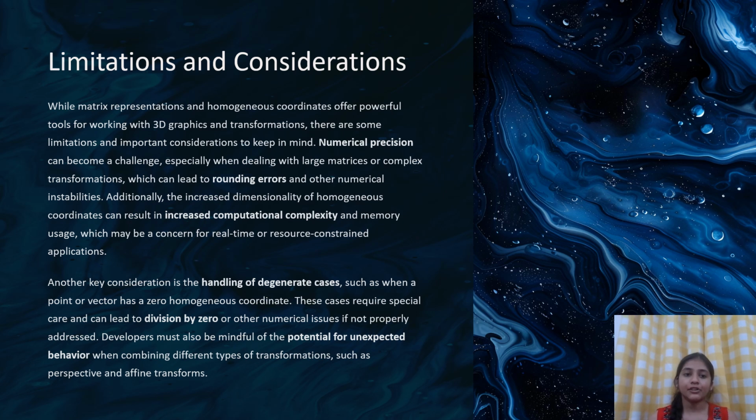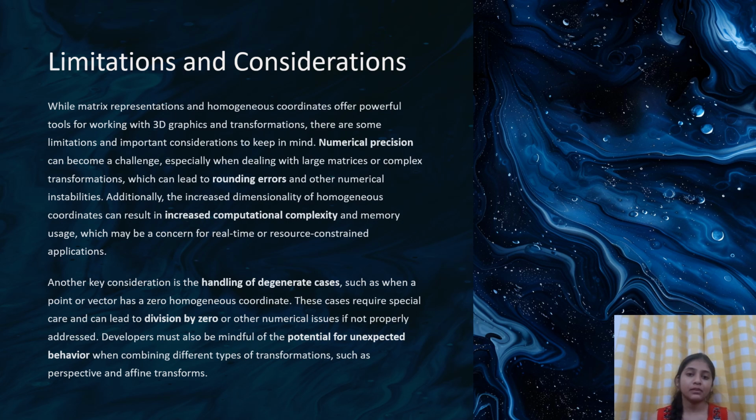Limitations and considerations. While matrix representation and homogeneous coordinates offer powerful tools for working in 3D graphics and transformation, there are some limitations and important considerations to keep in mind.